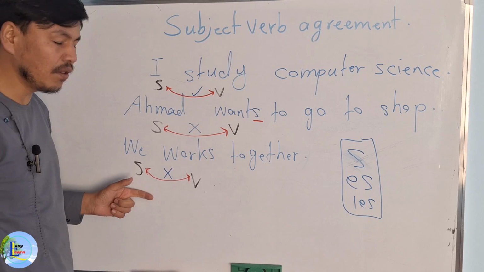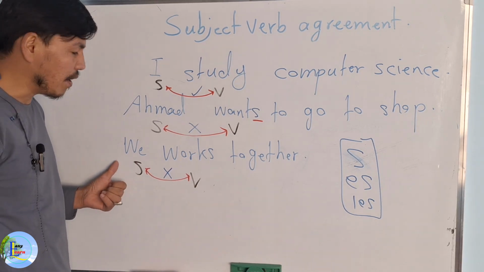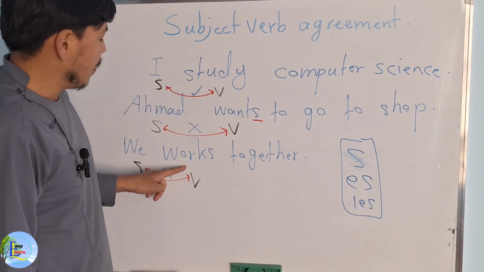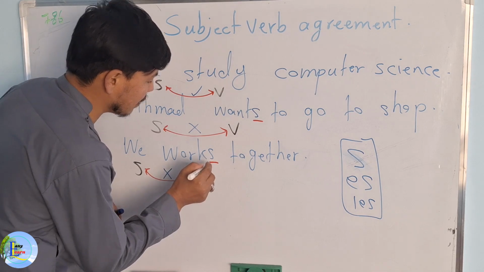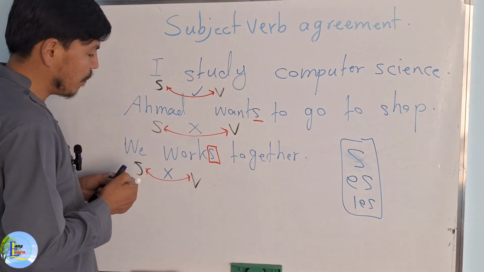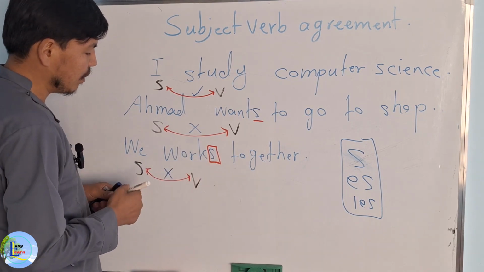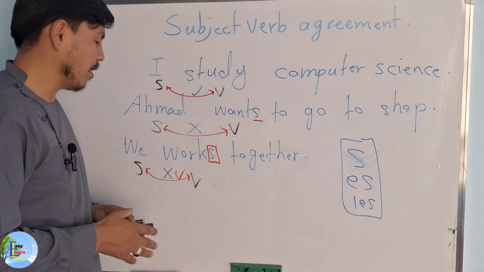It means two or more people can say to themselves we. So works. Why? Because there is an s at the end. So I should not add this s. If I remove it, then it will be correct. Otherwise, it will not be correct.